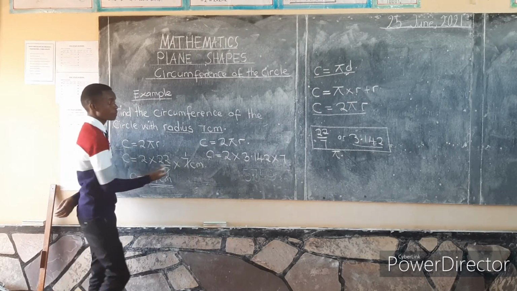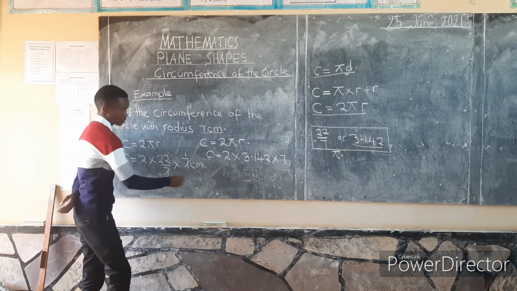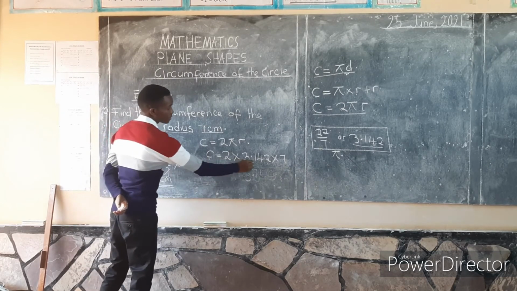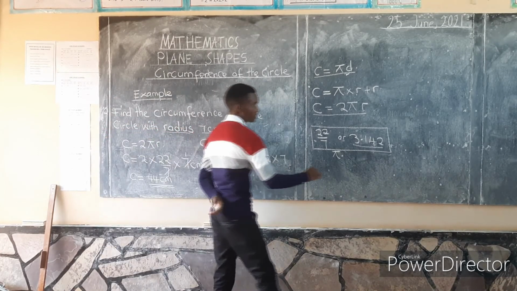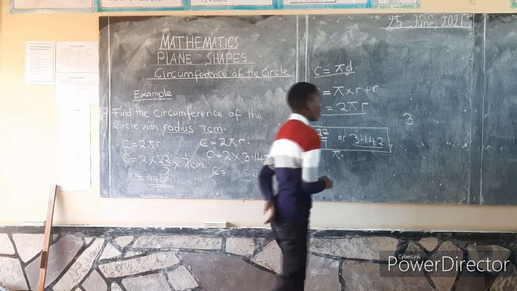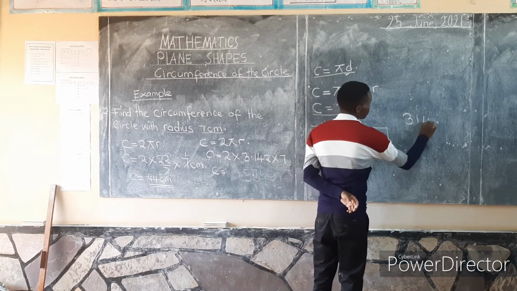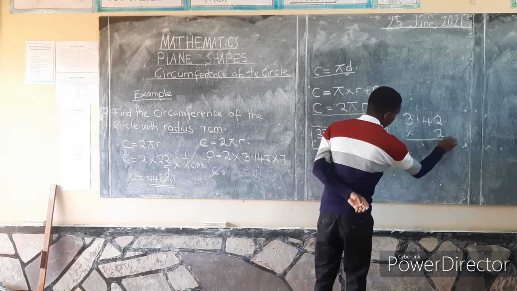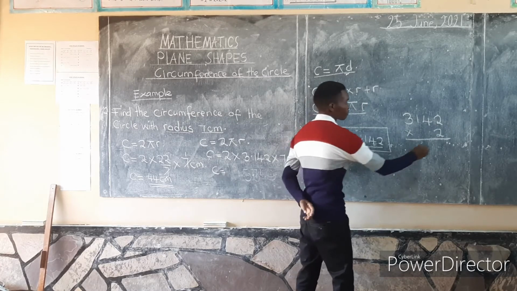So I'll start by multiplying 2 times that number so that it can be easy for me. Circumference is equal to 2 times 3.142. This one we can work out even here. Like I said, we ignore the point. So it is 3142 times 2, which is 2 times 2, I'll have 4.